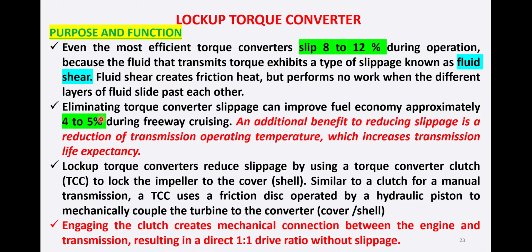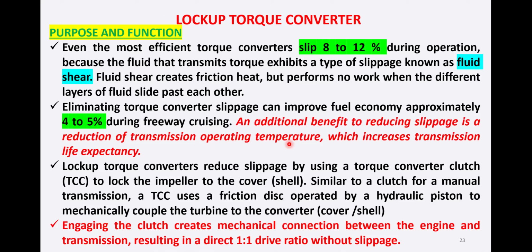Eliminating torque converter slippage can improve fuel economy approximately 4 to 5% during freeway cruising. So if we can reduce this slip of 8 to 12%, it can improve fuel economy by 4 to 5% during freeway cruising. An additional benefit of reducing slippage is a reduction of transmission operating temperature.